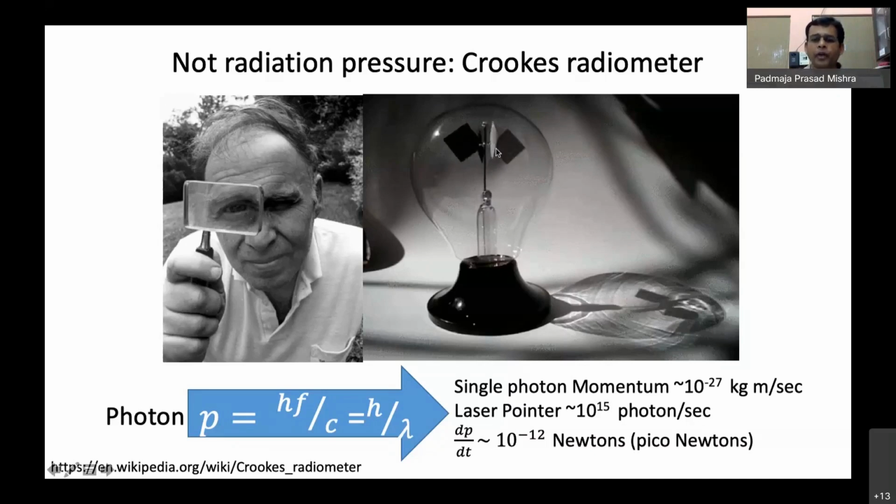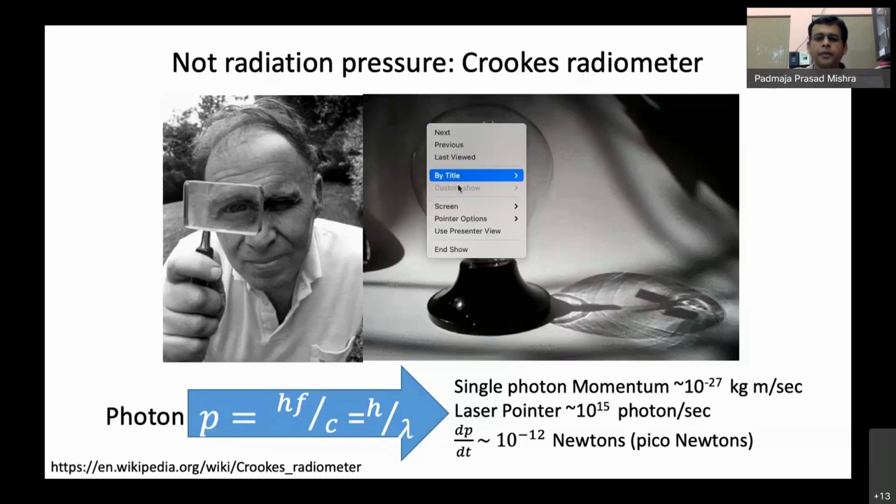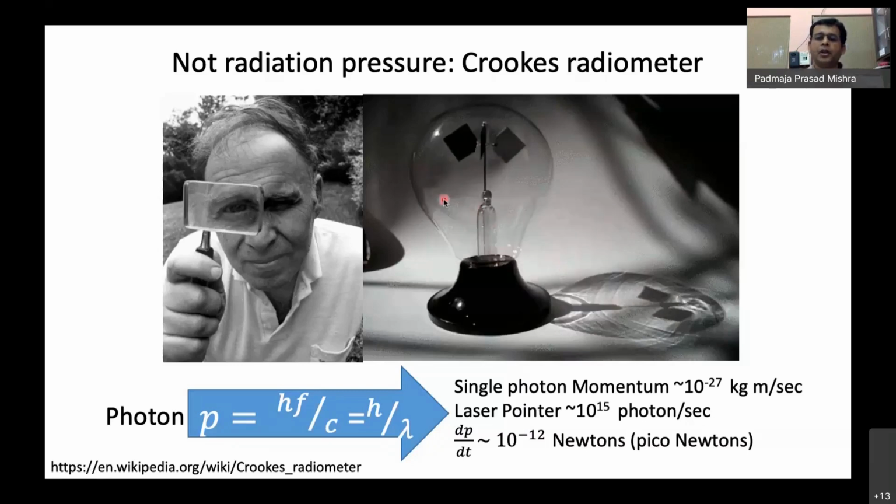One side of the vanes is black coated, and the other side is white coated. Whenever a little bit of heat energy or light energy is given to or comes close to this Crookes radiometer, the vanes start moving.